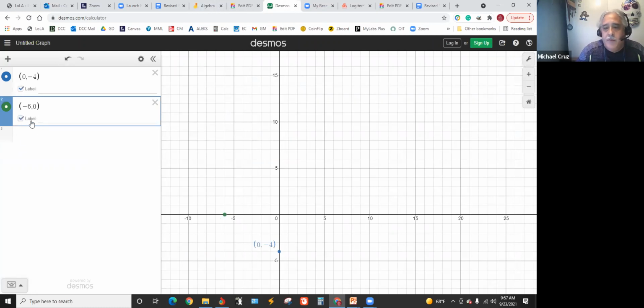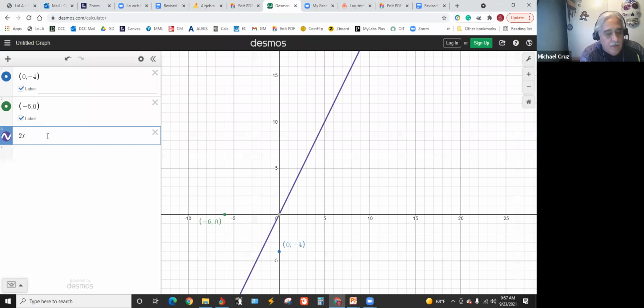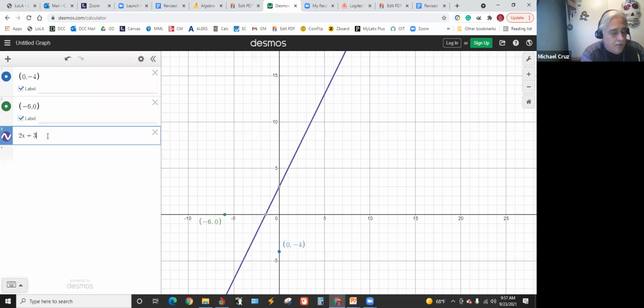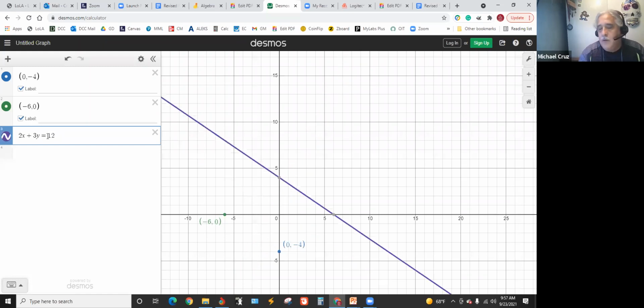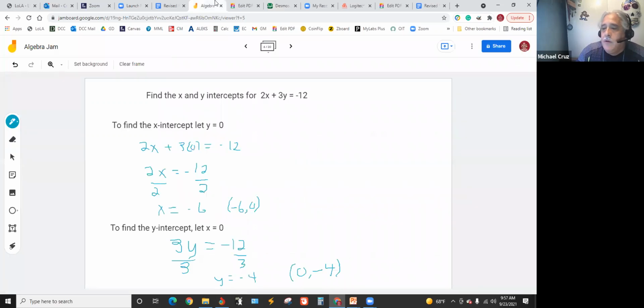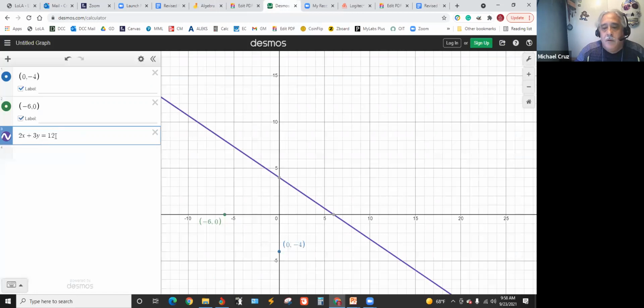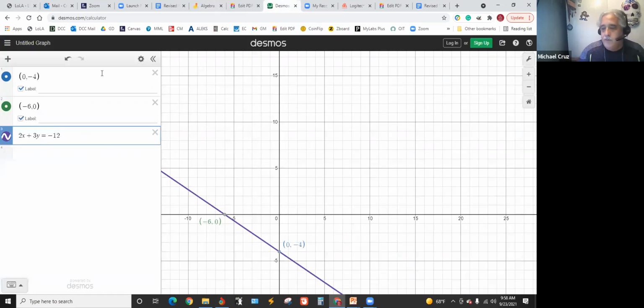So there's the y-intercept, here's your x-intercept, and so the line is going to be... what's that? I must have written it down wrong. 2x plus 3y is equal to negative 12. Yeah, negative 12. There we go.